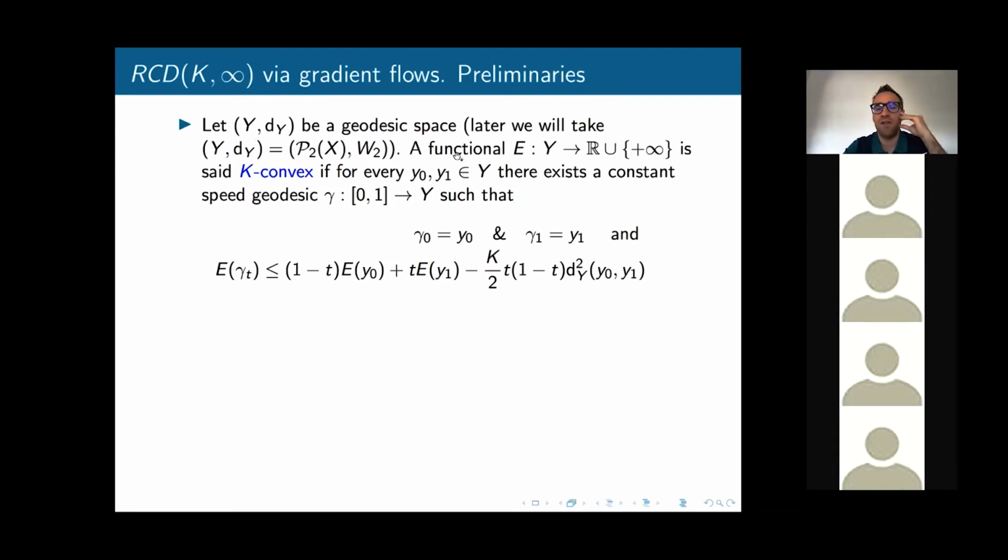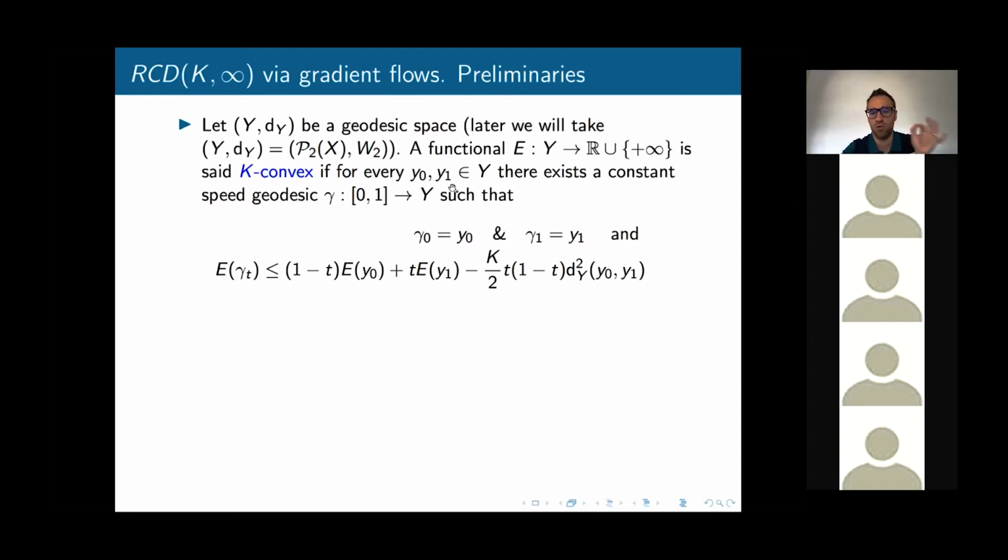Now, by definition, we say that a functional E from Y to R, possibly taking the value plus infinity, is said to be K-convex, where K is a given real parameter, if for any 2 points Y0 and Y1 in Y, there exists a constant speed geodesic gamma from [0,1] to Y, such that the initial point of the geodesic is Y0, and the final point is Y1.